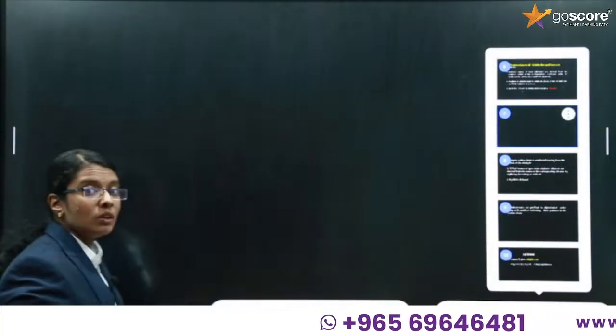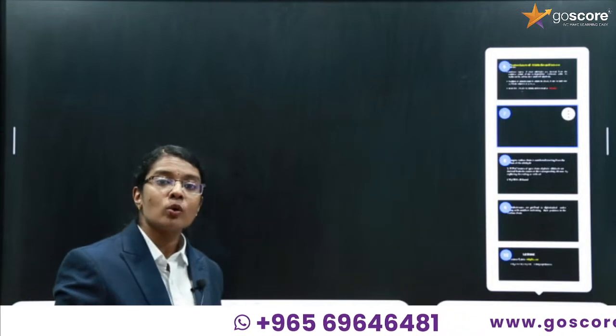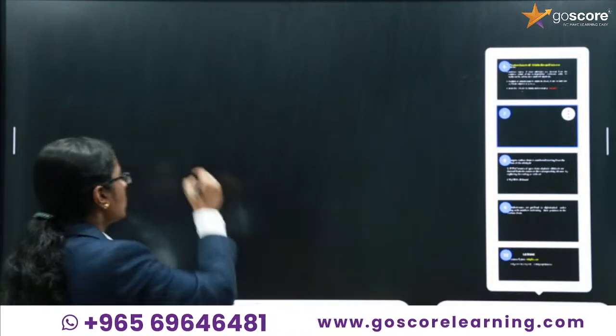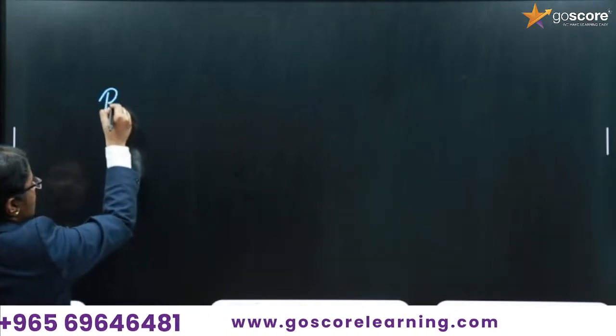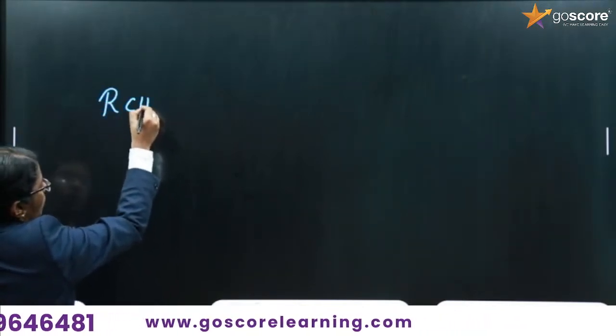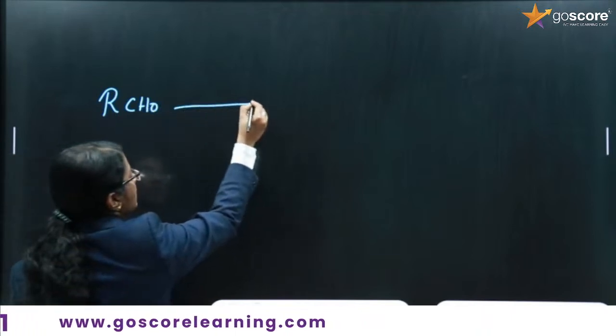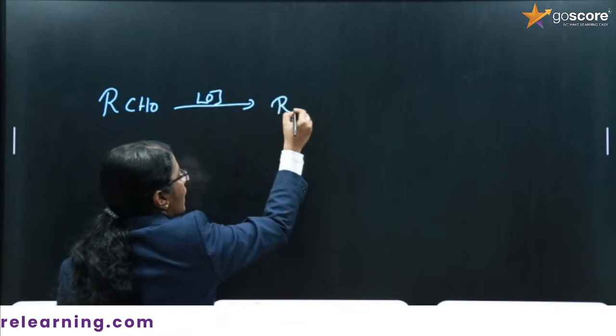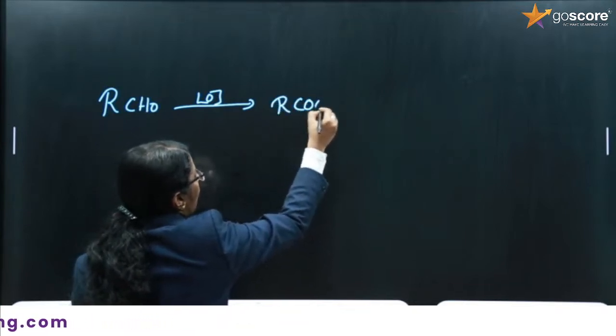You all know that on oxidation of an aldehyde you will get an acid. This is the aldehyde, RCHO. On oxidation you will get the acid, RCOOH.